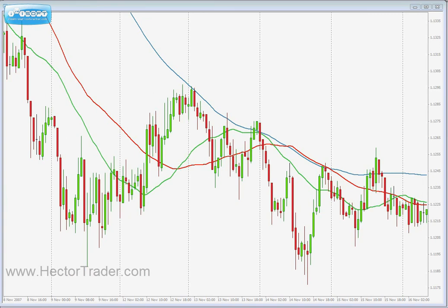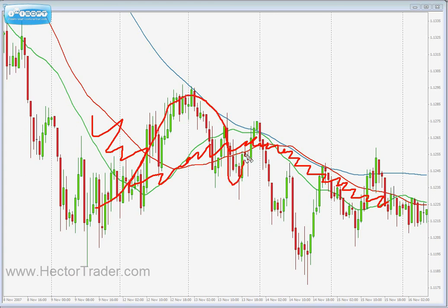There is no particular bias in this chart. In this case the area between the 30 and the 50, meaning between the green and the red moving average, holds no significance whatsoever. As you can see, this area is being breached up, breached down, breached up, breached down once again, and so on and so forth. It has no relevance whatsoever in non-trending scenarios.